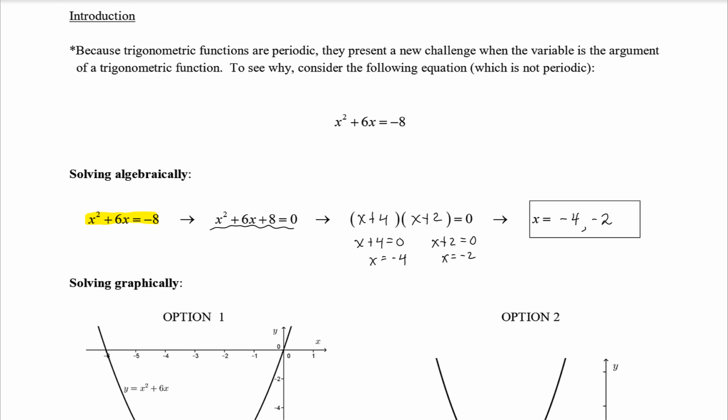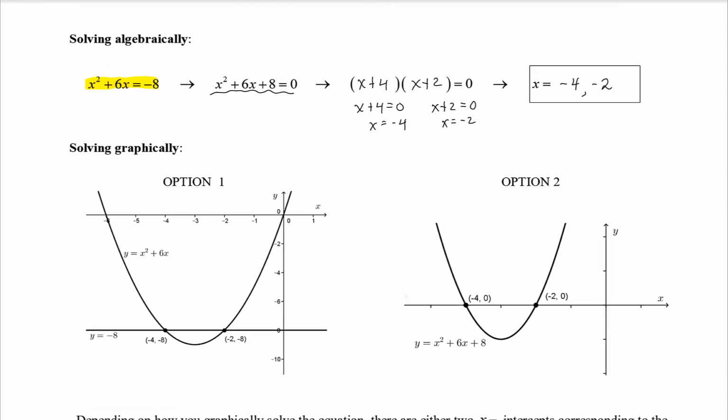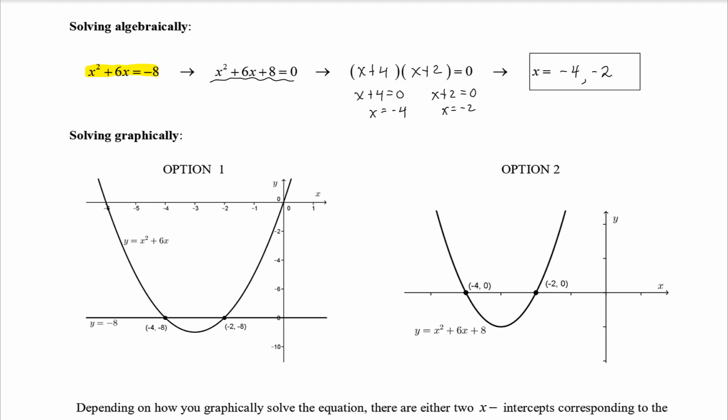But that's just one way we could have solved it. Another way we could have solved it is by graphing it. I could have graphed x squared plus 6x, which is right here.